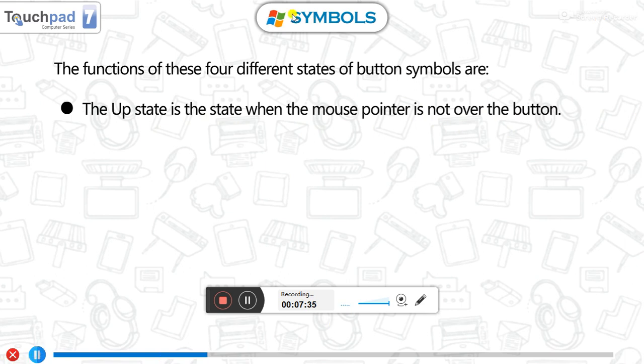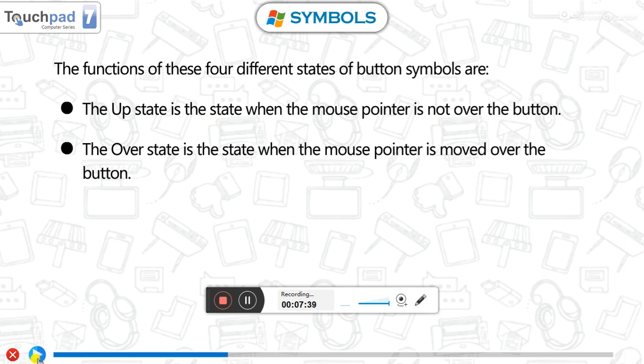And second one, the over state. The over state is the state when the mouse pointer is moved over the button. Like this is your icon, when you move here, something happens here.